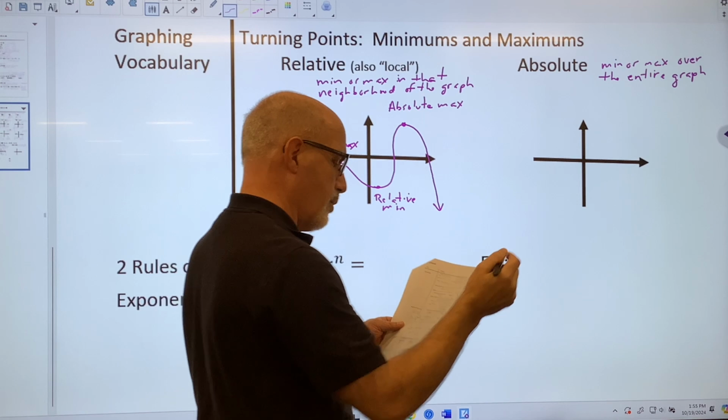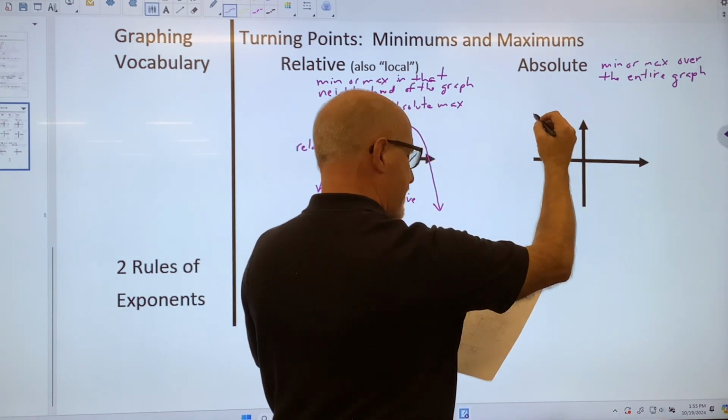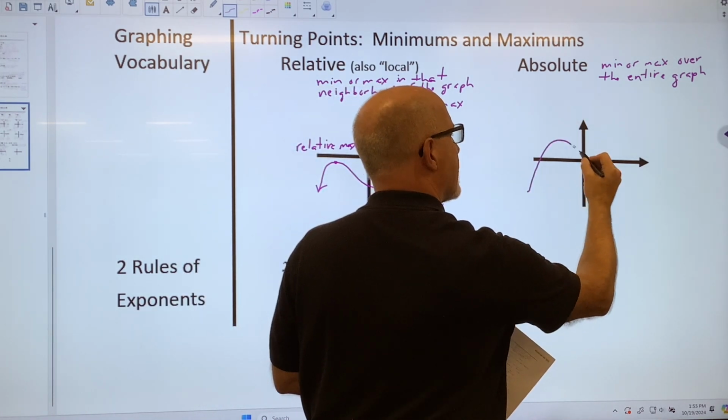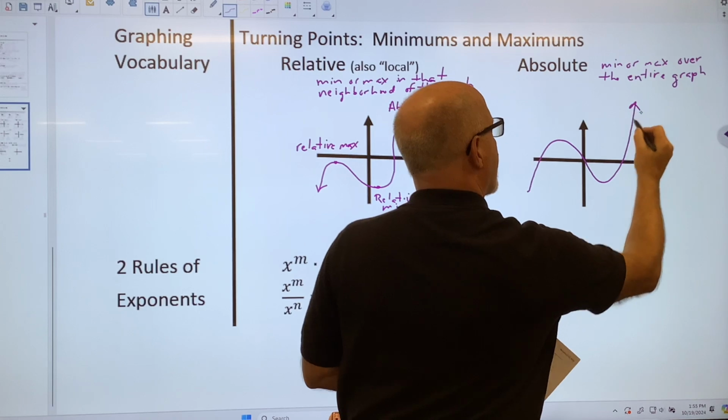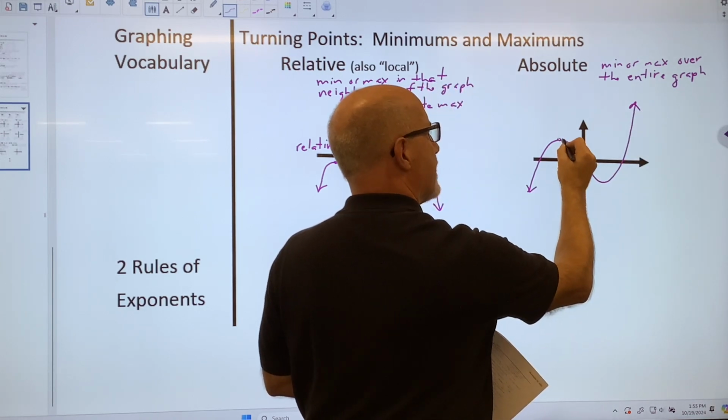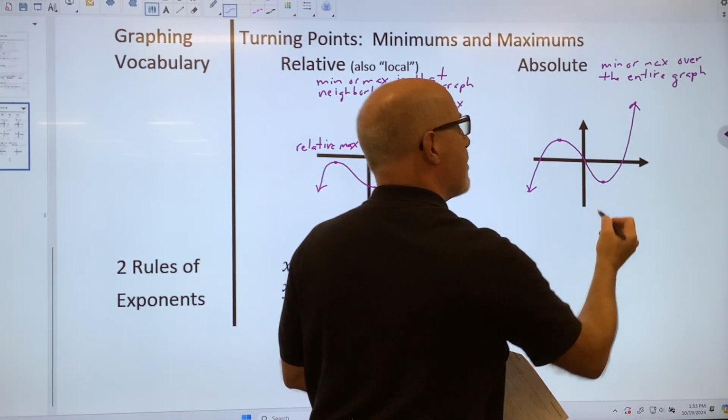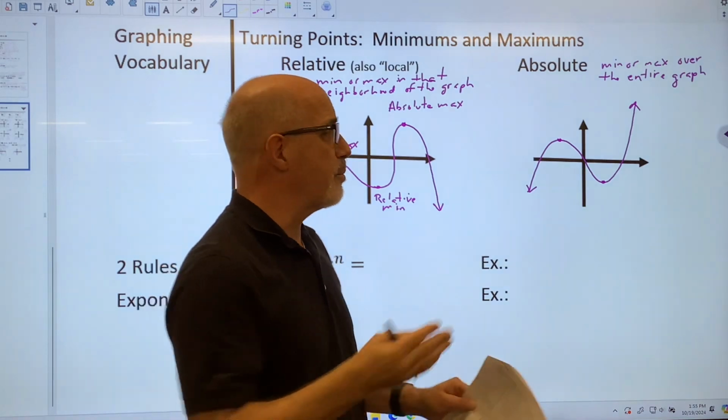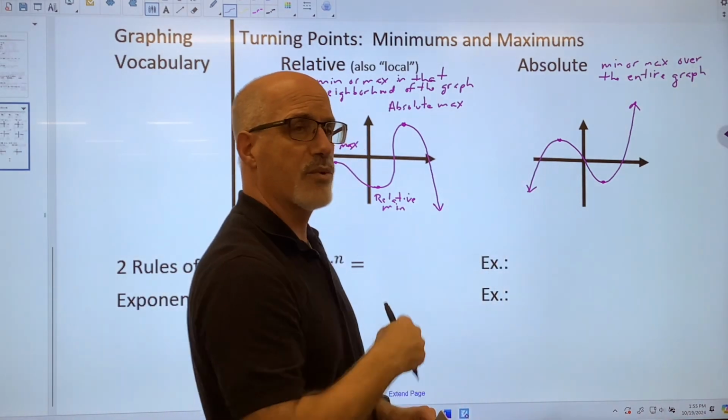All right, and let's do one last one here. If we've got this graph here, if we go like this, it looks like a max here and a min here, but neither one of them is absolute because the graph goes past it on both sides.